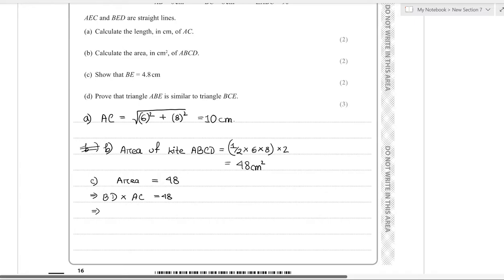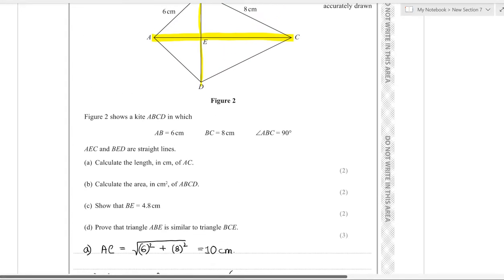Now we can write BD in simplified format, that is 2 into BE. No, maybe I made a mistake. Wait, the value for BE has to be 4.8.